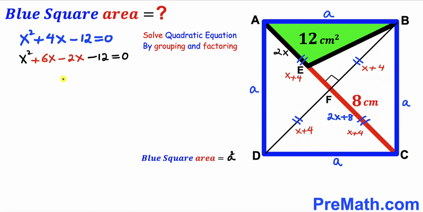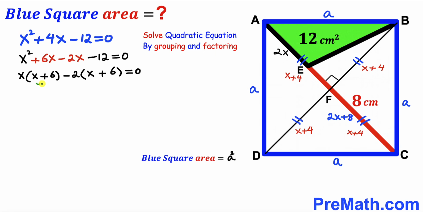Now we can see x is in common between the first two terms and negative 2 is in common between the last two terms. So I could factor out x over here, ending up with x plus 6, and here I'm going to factor out negative 2. We end up with x plus 6 equal to 0.